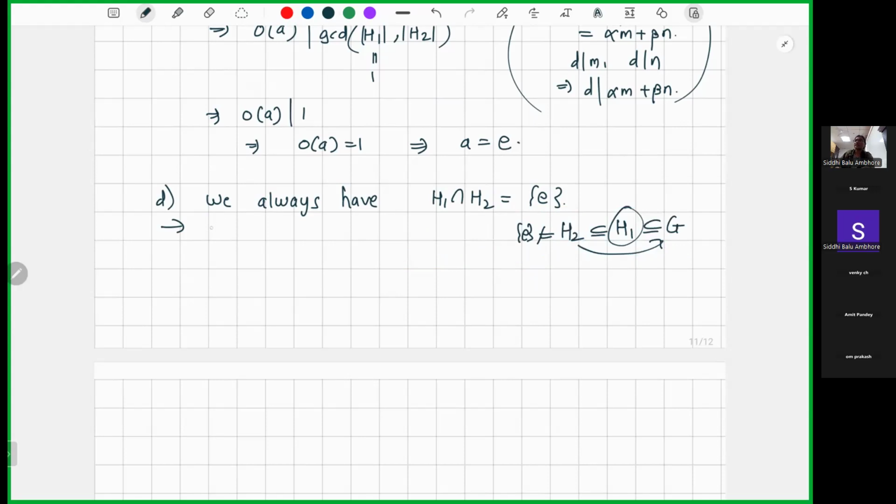For an explicit example, we can choose G to be Z comma plus, and H1 be 2Z, and H2 be 4Z. Then what will be this H1 H2 intersection?